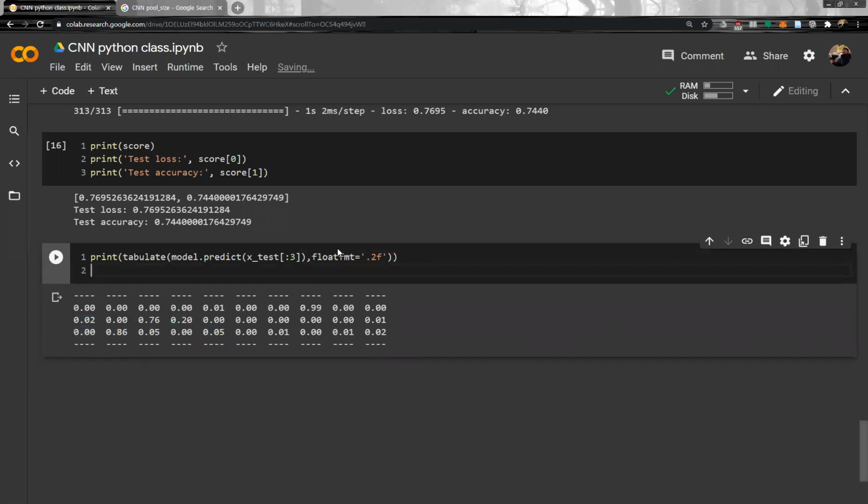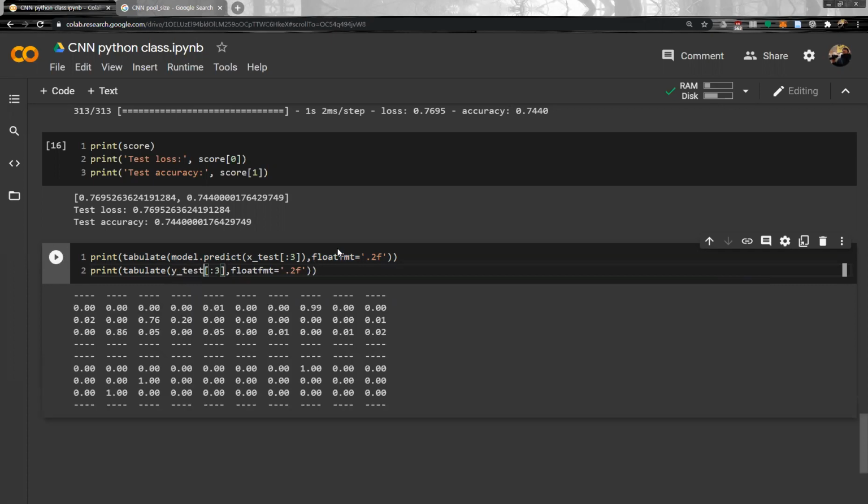Let's see the actual result. Print, and then let's see the actual result. Test set, Y test.